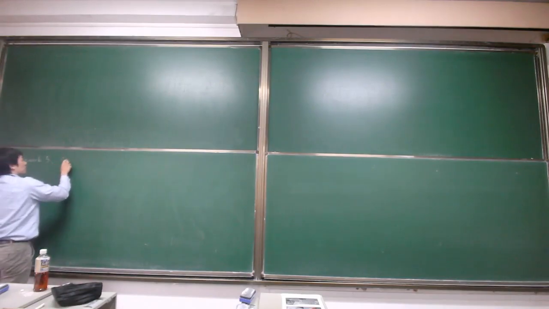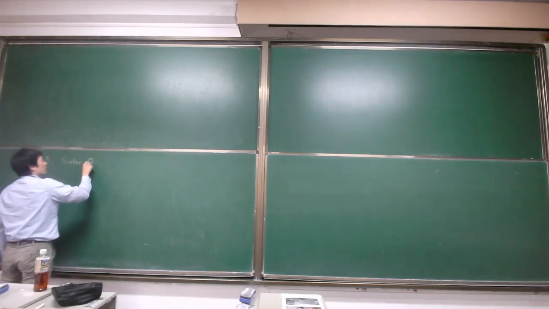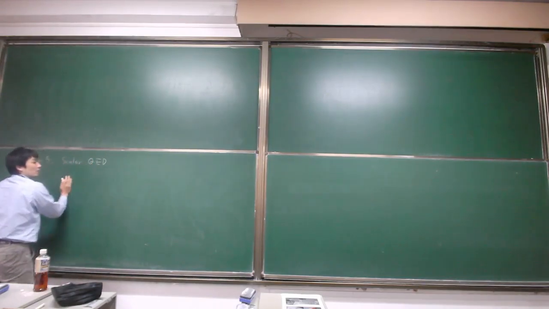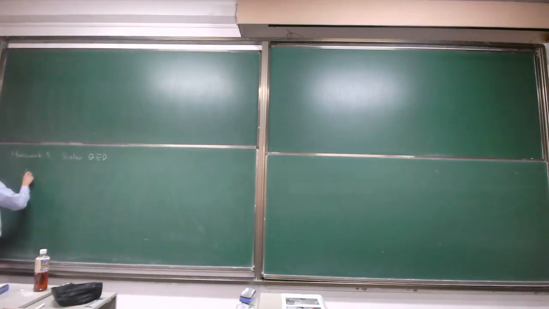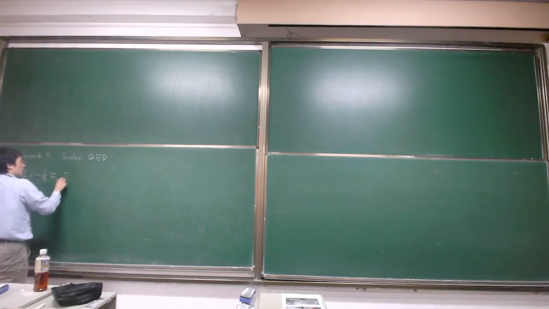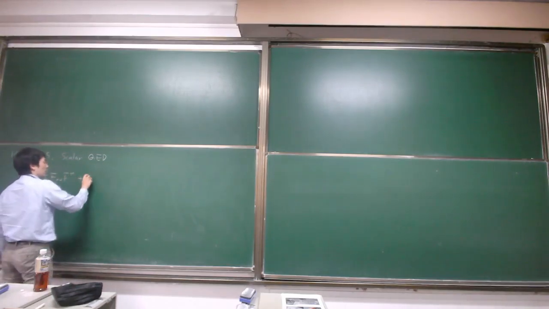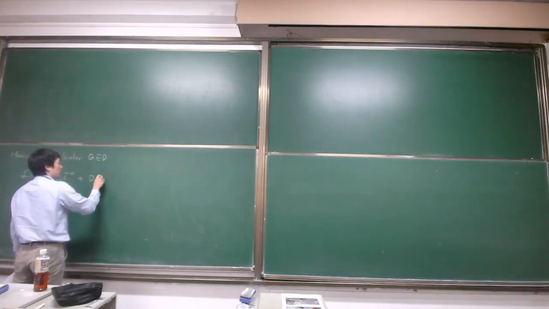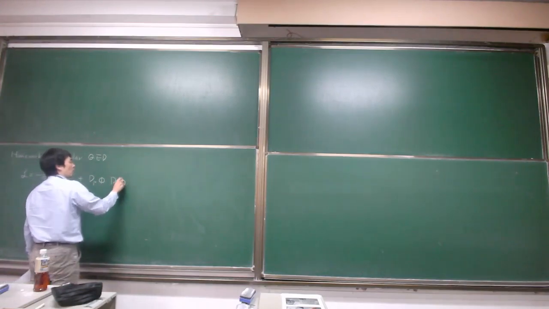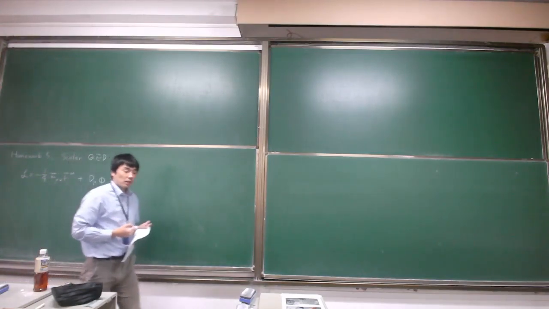Okay, scalar QED homework 5, last problem, scalar QED. So the Lagrangian is given by minus a quarter F squared plus D_mu phi and D_mu phi star. I think that's the case.